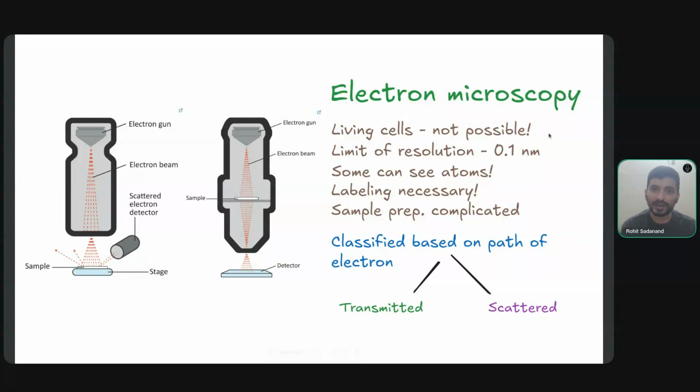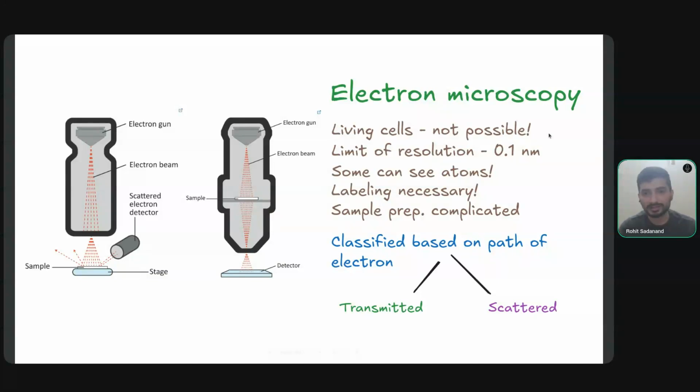And then there comes the same limitation as was for the light microscope. You require some kind of labeling of the sample that you're putting inside the electron microscope, because otherwise everything would appear the same, right? You need to make some parts of the sample stand out and some not to, so as to delineate between different parts of your sample.